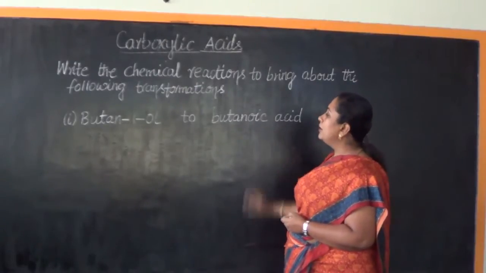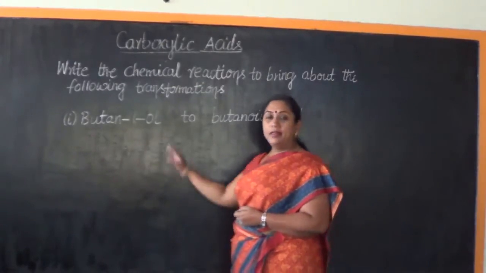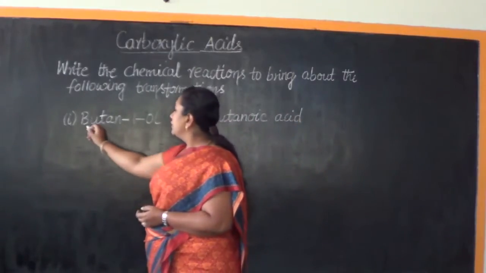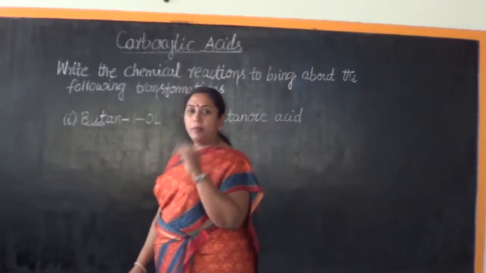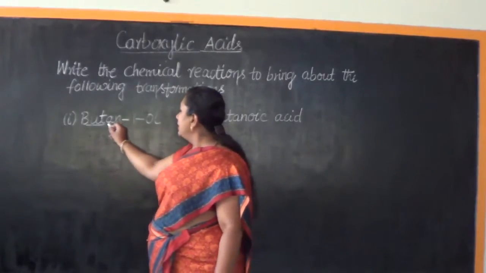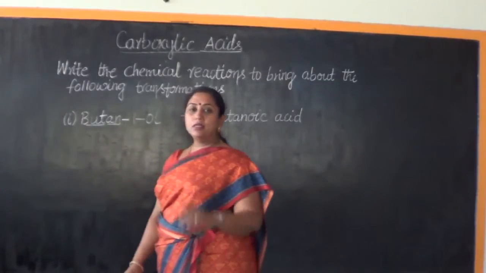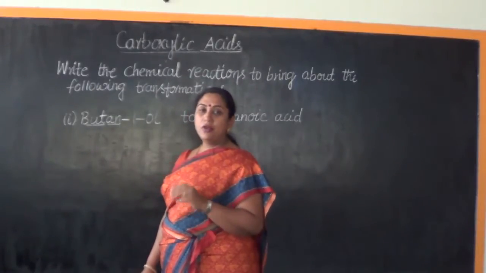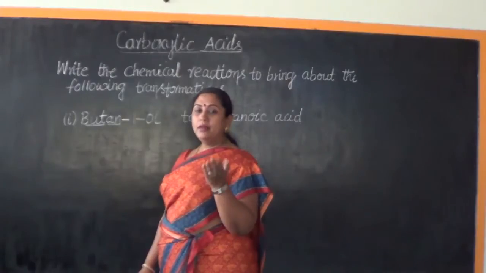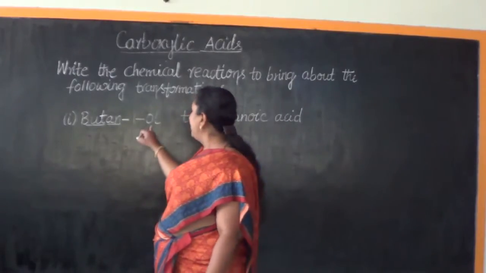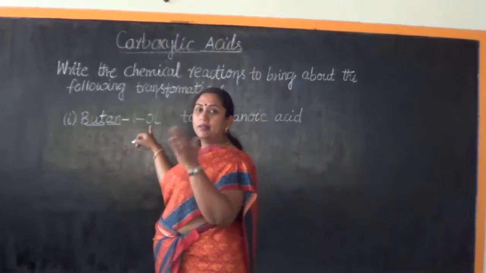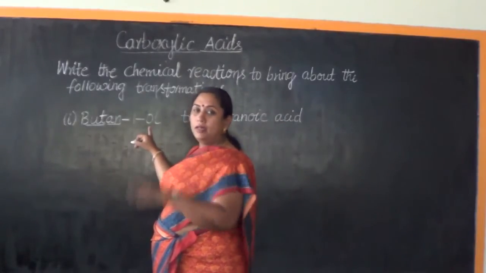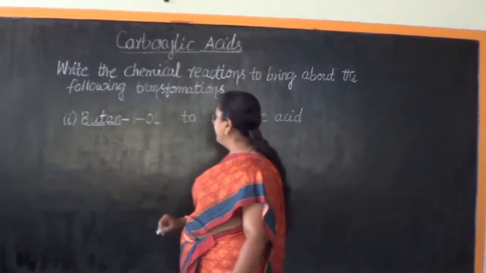Now, look at the number of carbon atoms given in the starting material. Alcohol, but, so that means 4 carbon atoms, and it is saturated because it has the suffix "an", so therefore it should be a butane. The E of the butane is replaced by OL, that means it is a saturated alcohol containing 4 carbon atoms in it.